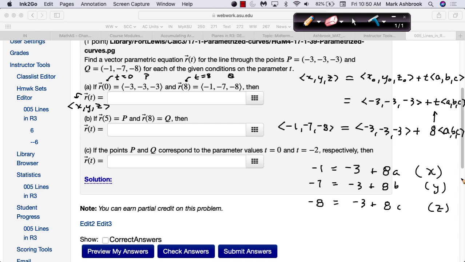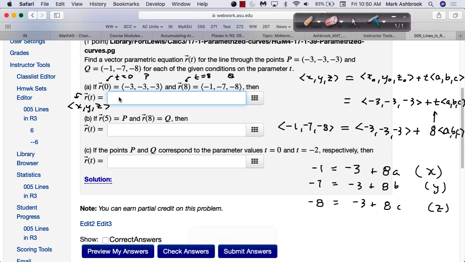So what is A? Let's just make sure we're right here. So let's go ahead and put it in. So we want -3, -3, and -3, plus t times. So what do we get for A that makes this true? 1/4.